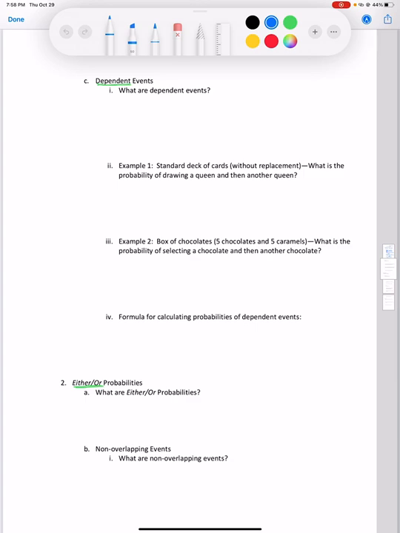Events are dependent if the occurrence of one event does affect the probability of the other occurring.